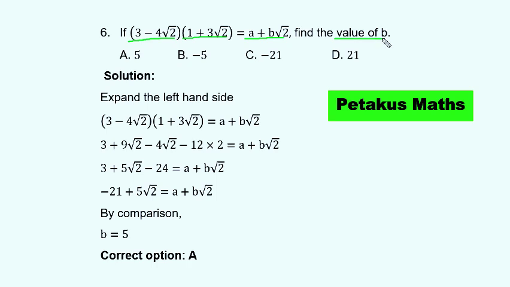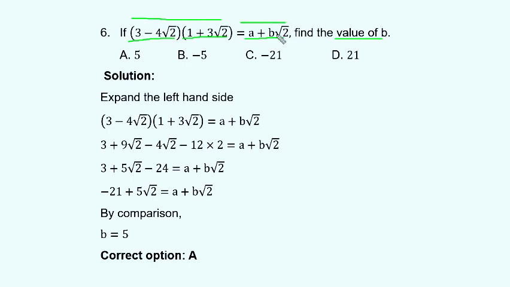Solution. All we have to do here is to simplify the left hand side by expansion to give us something like this. Then the coefficient of root 2 is b.